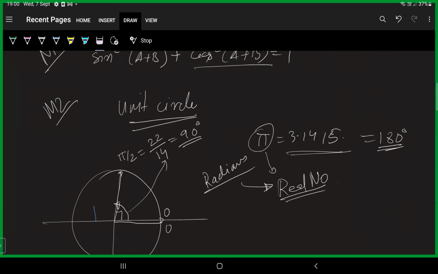But these things should be known, right? I should not do this in class. See the difference. Sin 0 is 0. Cos 0 is 1.